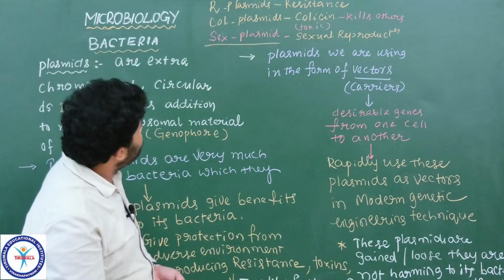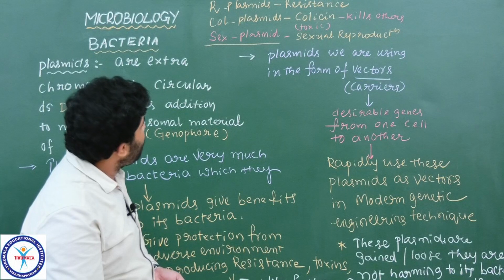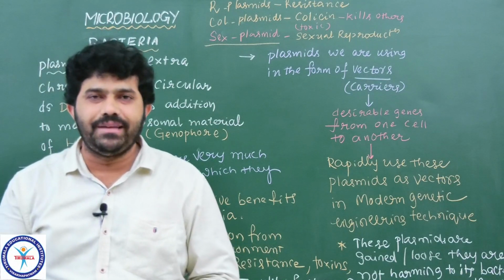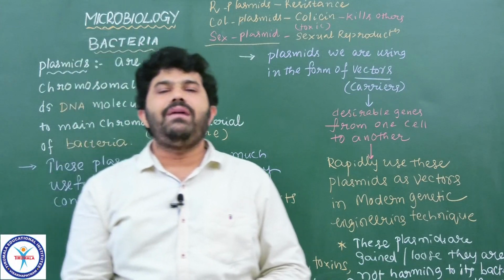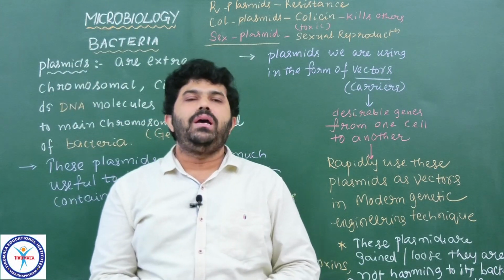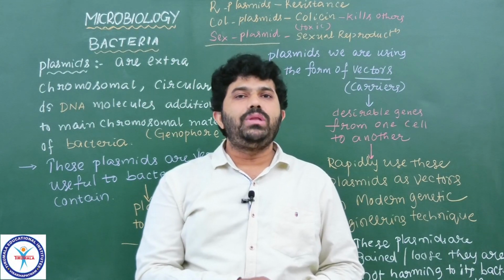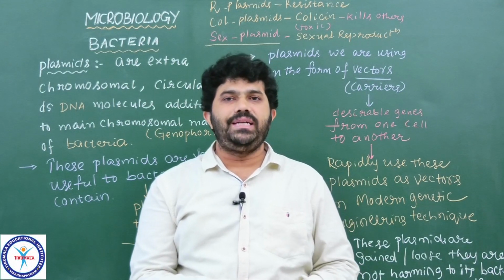Such kinds of plasmids are called F plasmids or sex plasmids. This is the information about plasmids, their importance, and the advantages they give to the bacterial cell in which they are present.